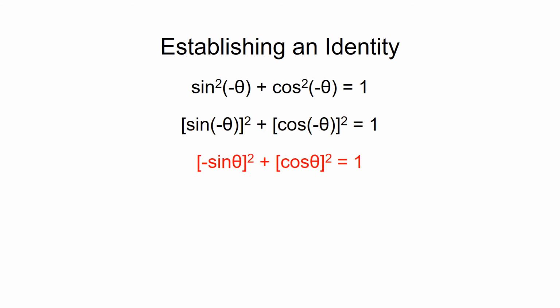And then we use the fact that sine is an odd function, meaning that the sine of minus theta equals minus the sine of theta, and that the cosine is an even function, meaning that the cosine of minus theta is equal to the cosine of theta, to again rewrite the equation. Squaring minus sine of theta equals sine squared of theta. And now we have a result that matches the first Pythagorean identity.